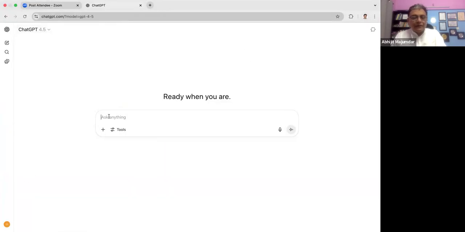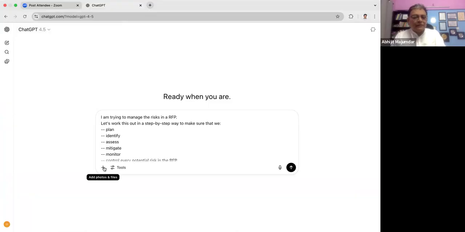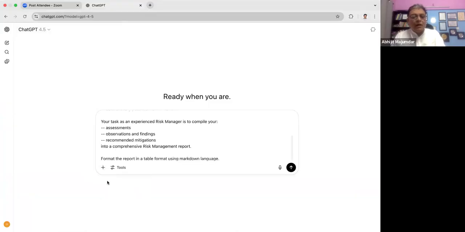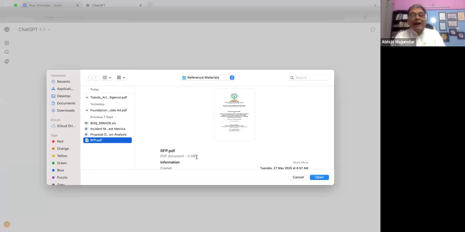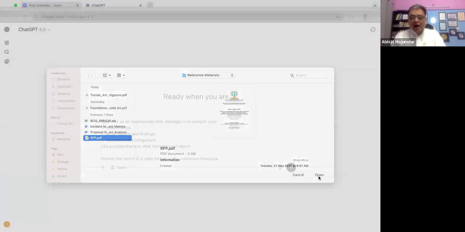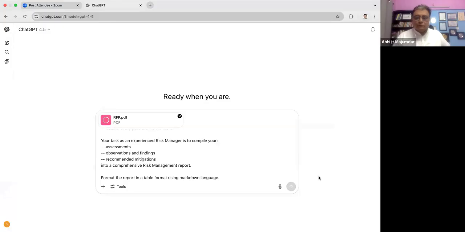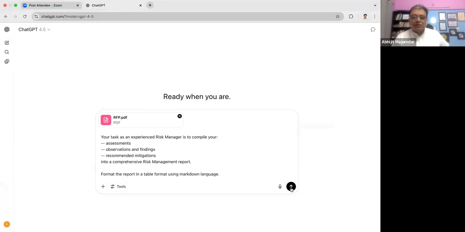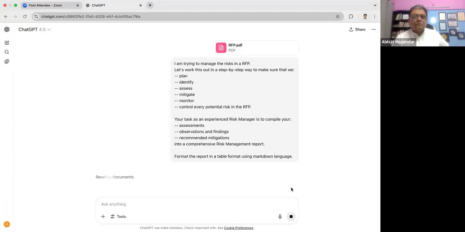Now, this is a very simple chain of thought prompt I am using. Now let me add the RFP. Once I have added the RFP, let me run it.